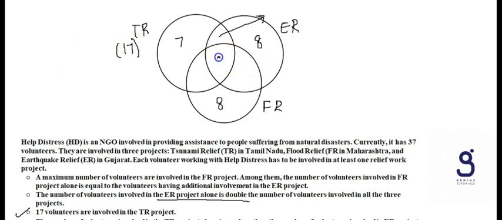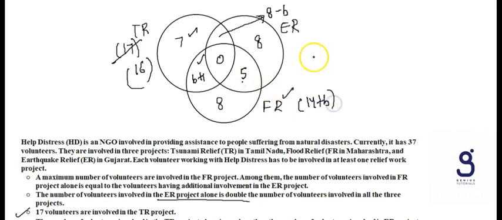This region is 0 now, this is 5, this is B plus 1, and this is 8 minus B. Now if I see that this is 7, this is B plus 1, and this is 8 minus B, so this is not 17 anymore, this will be 16 now, and value of this FR, this will be 13 plus B plus 1, 14 plus B, and this will be 8 plus 8, 16 plus 5, 21 minus B.